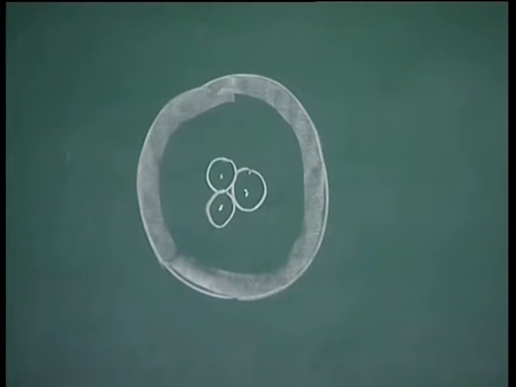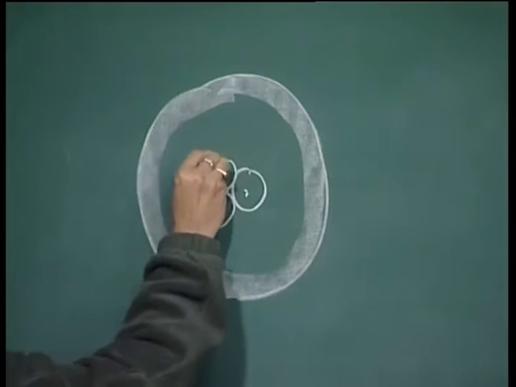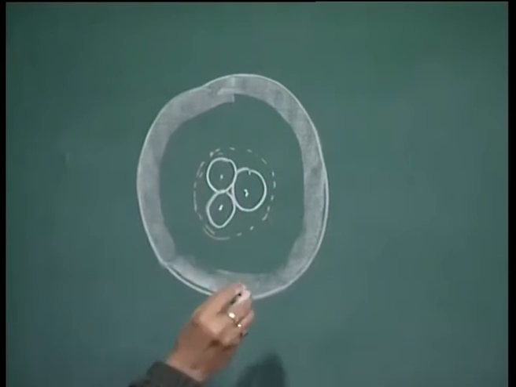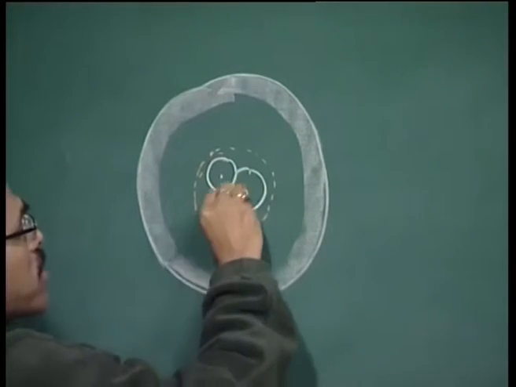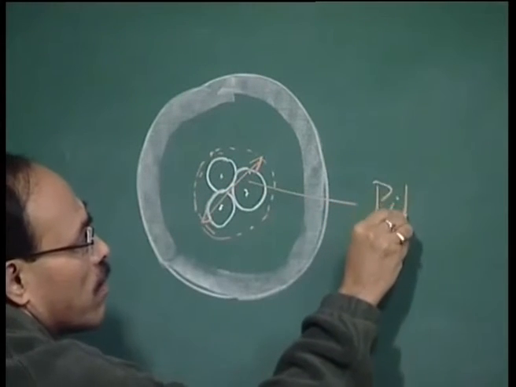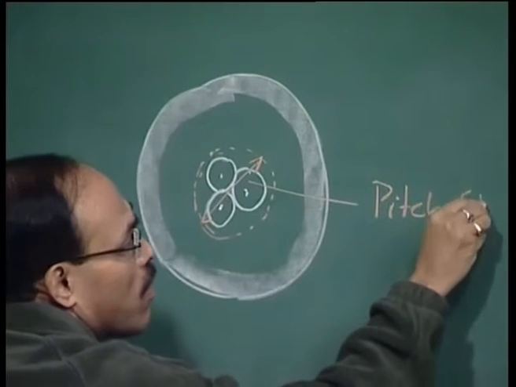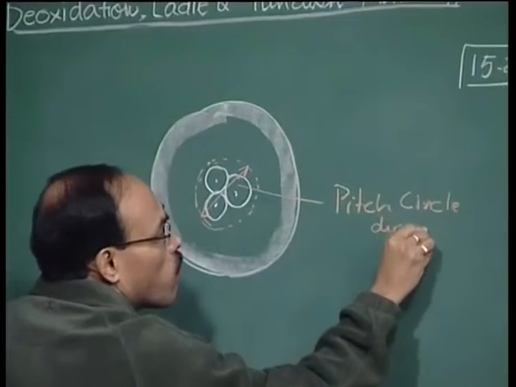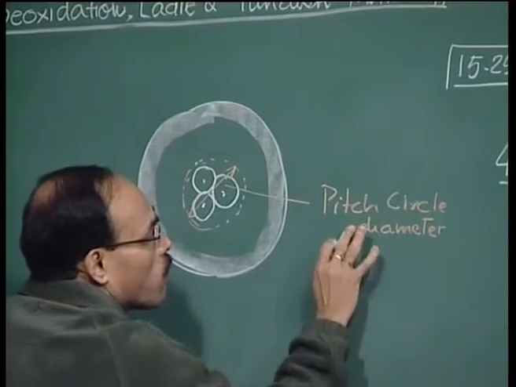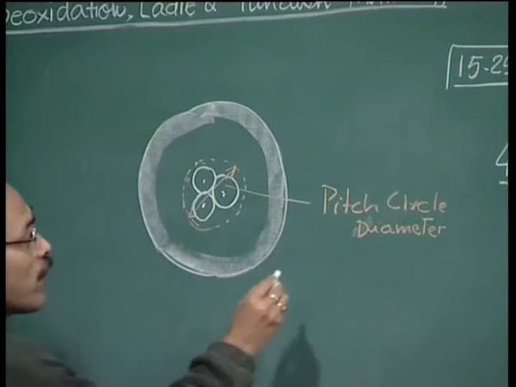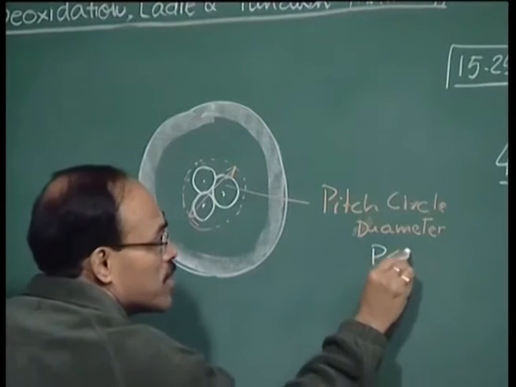They can be encased in a circular cross section, and this diameter is called the pitch circle diameter. If you go visit the shop floor, you will frequently hear people talk about what is known as the PCD.